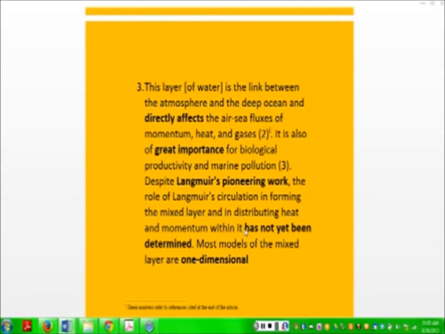So, in this expression, has not yet been determined, determining the role of Langmuir's circulation is obviously an important factor to do. So determining is the value. Research should determine something, and so far, the research has not determined anything. Therefore, it's a negative evaluation. And most models of the mixed layer are one-dimensional.